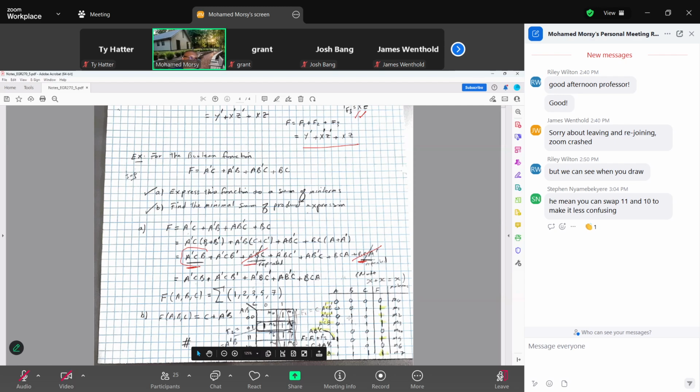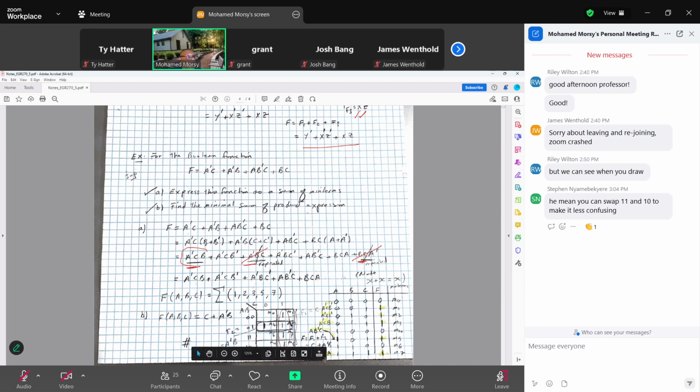Where is A is 0? A is 0 in the first 4 rows. Then where is B is 1? B is 1 here, so we focus on these 2 rows. Then where C is 1 is here. So A inverted CB is this row here, and F equals 1 in front of this product term, because we mentioned F equals 1 at each of these product terms.